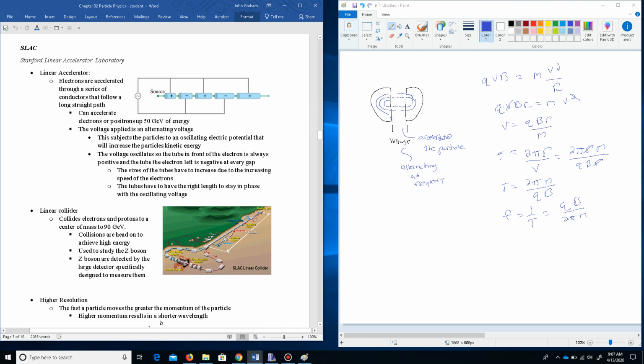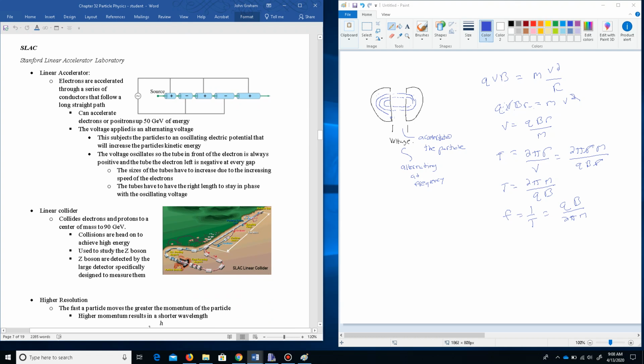The idea with this is as it moves forward in a positive section of this linear path, when it reaches this gap, with it we're dealing with, I think, protons going through. I just want to make sure. No, electrons, I'm sorry. So electrons are accelerated.